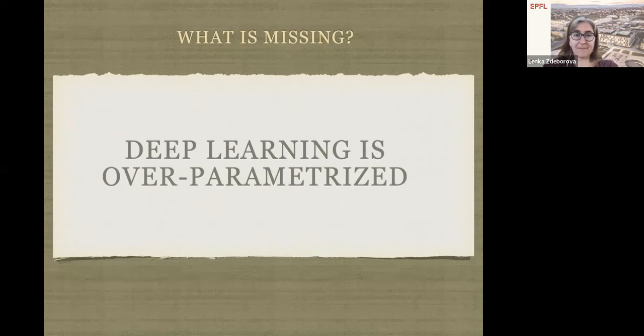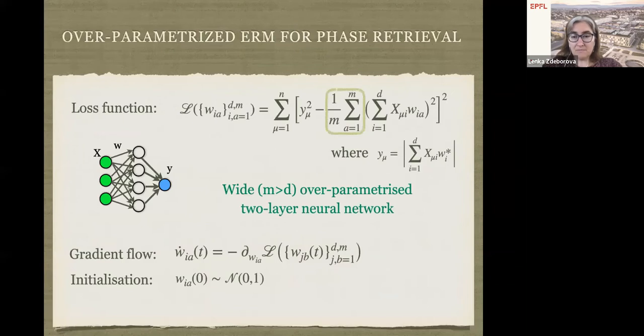Let's see. To analyze that, we need to write a loss function that actually uses a neural network with some hidden units, and we will use the simplest case where there is a single hidden layer of size m. All it does to the loss function is add the sum over the hidden units here, and we rescale by 1 over the size of the hidden layer.